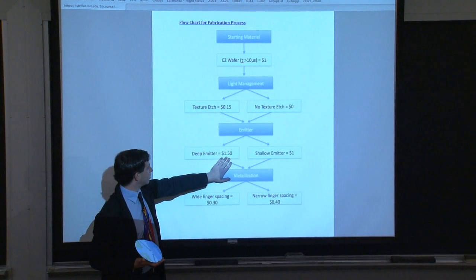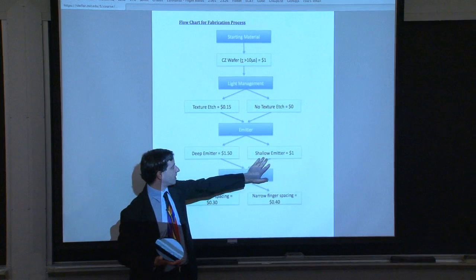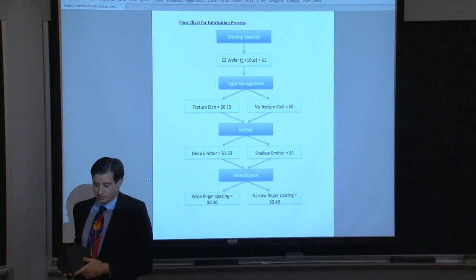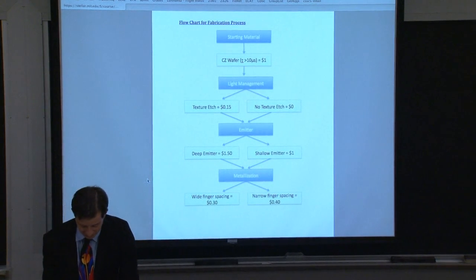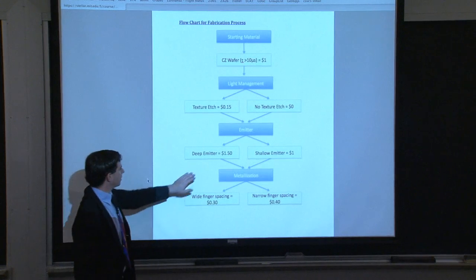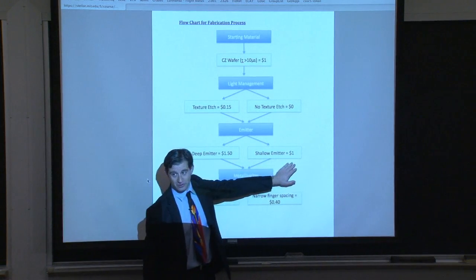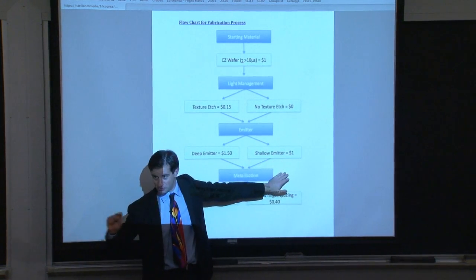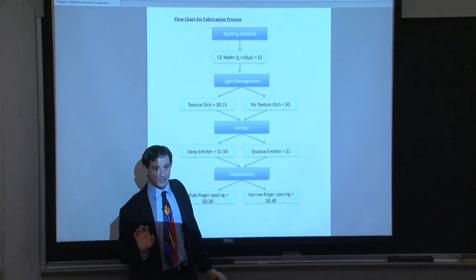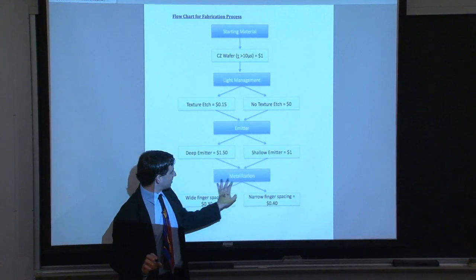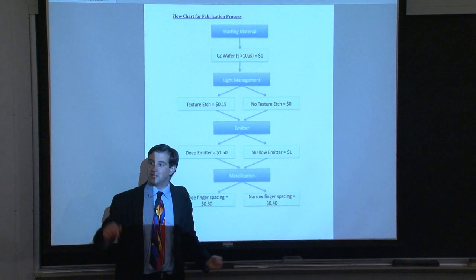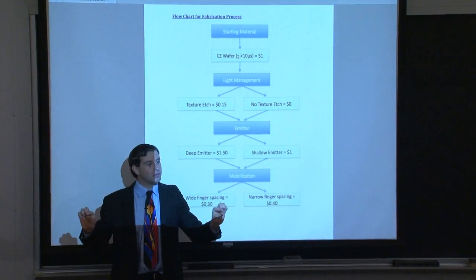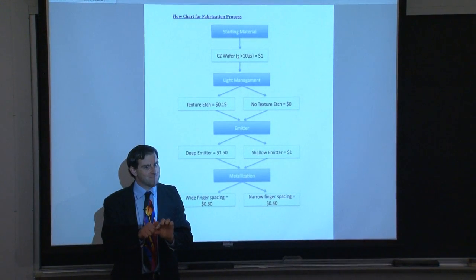Next, on the emitter, the choice is whether to make a deep emitter or a shallow emitter. The text goes into that in some detail, but your decision is basically, if you make a shallow emitter, you have less Auger recombination in that front region, and so your blue response to the device will be better. But you run the risk, when you do your contact metallization, of firing through that very shallow emitter and shunting your device.